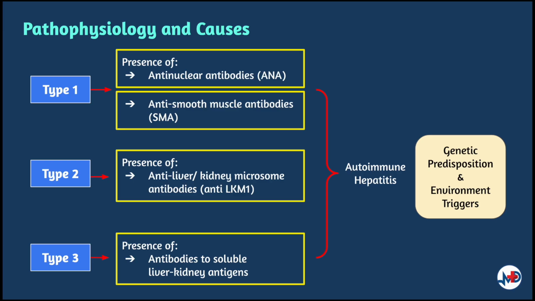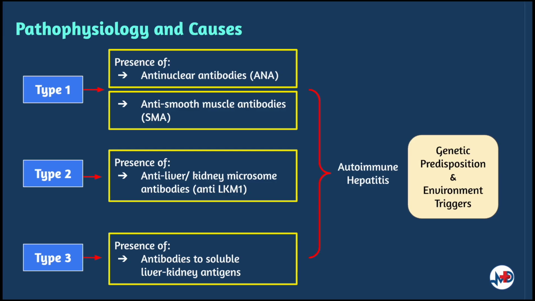For type 2, anti-liver kidney microsomal type 1 antibodies, also known as anti-LKM1, are found. This type usually affects children. And the third type, type 3, affects middle-aged adults, and this type produces soluble liver-kidney antigens. More than 60% of patients experience remission with steroids but relapse in 80%.